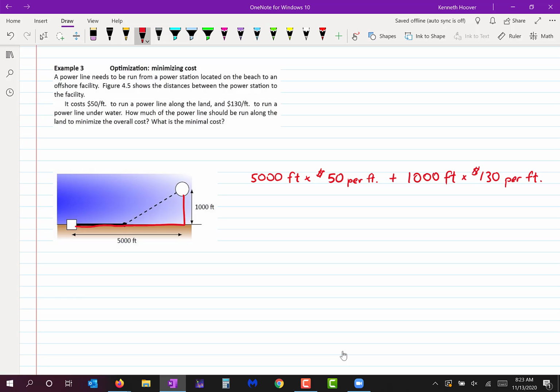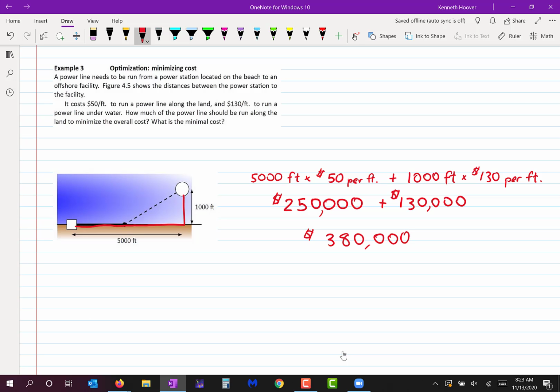So what would that be? That would be 75, no, that's not right, sorry, 25, and then 4 zeros. So that's $250,000 to go down the beach, plus a 13 and 4 zeros. That's $130,000 to go out to sea. So that would be a total of $380,000. Okay, that's one possibility.